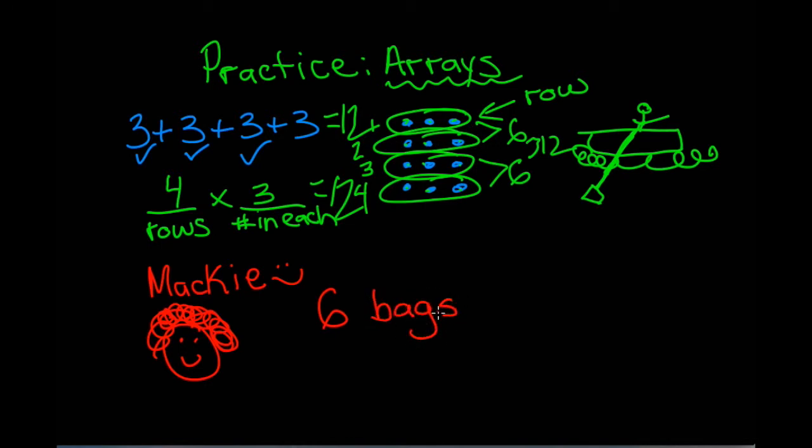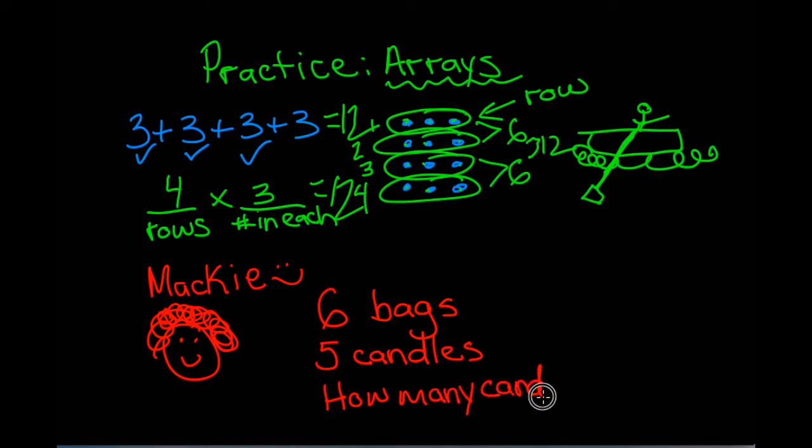In each bag, he has 5 candles. How many candles does he have? Now, I want to challenge you to use an array to figure this out. So, give it a try, and then we'll come back and look at it. Pause the video and try it out.